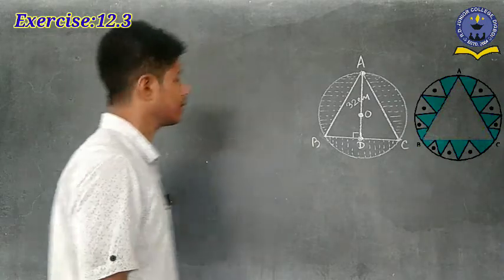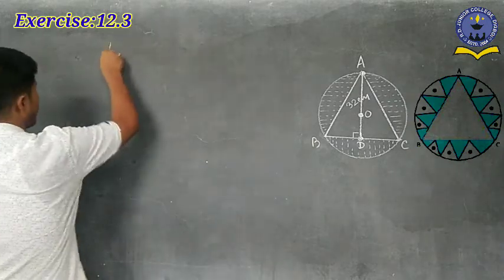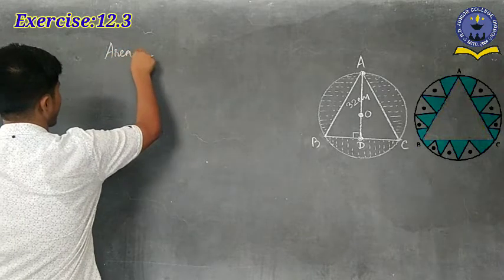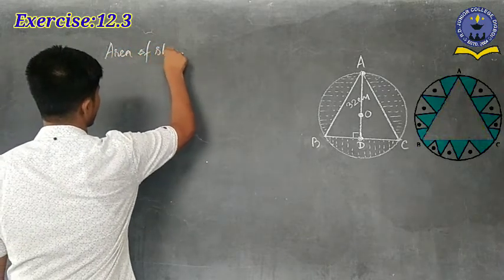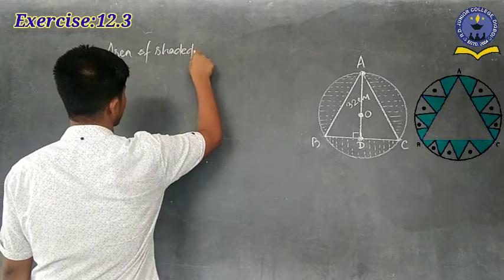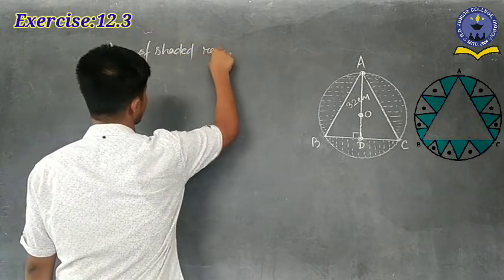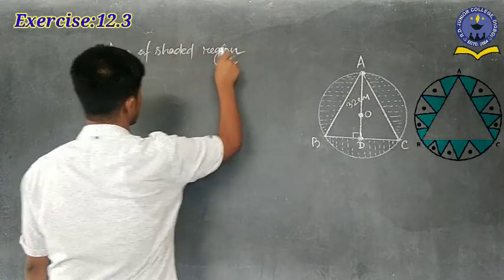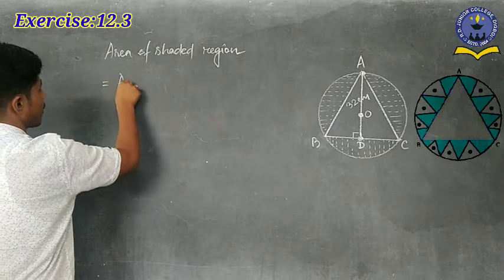Is it clear? Next, area of shaded portion. Area of shaded portion, or we can write the area of shaded region, whatever you write. Area of shaded region equals what you have to do? Area of circle.